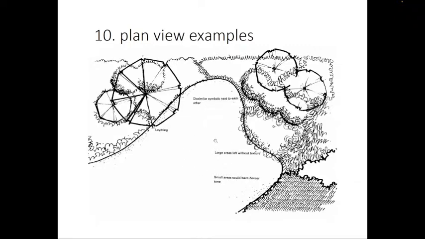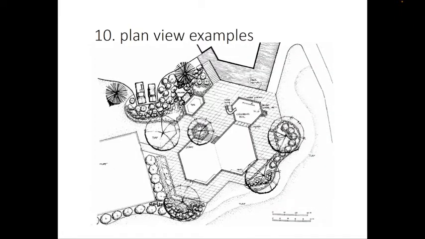So this might be lawn, and this might be mulch, or this might be a creeping juniper, or a bed of perennials with 3 ornamental shrubs and then 2 trees planted above it. So that's sort of the graphic hierarchy that starts to happen in plan. And probably back to that one where we started.